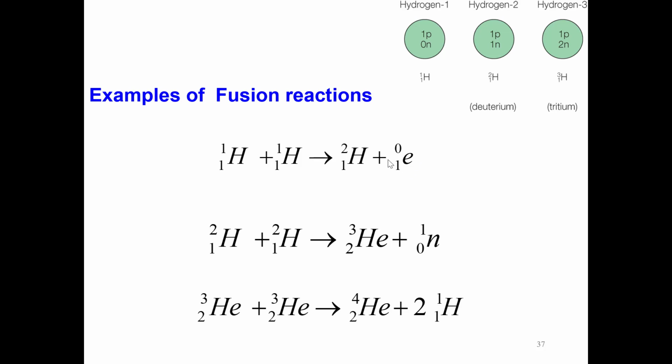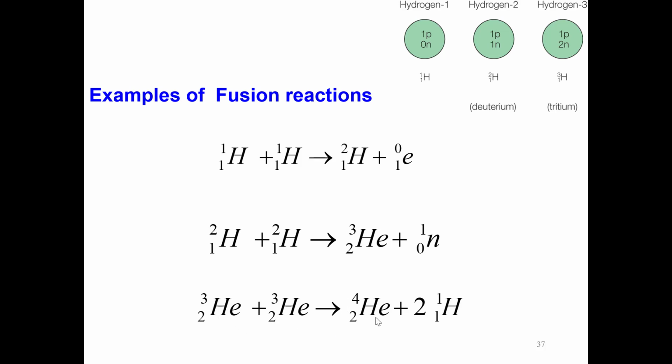Here we have two hydrogen isotopes, and here helium, and in this case one neutron. In this case, we have two helium atoms.